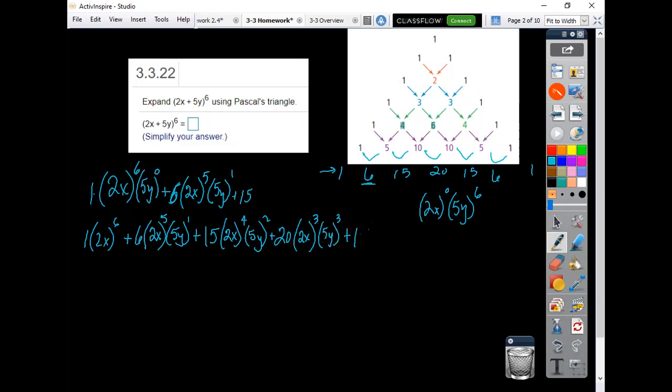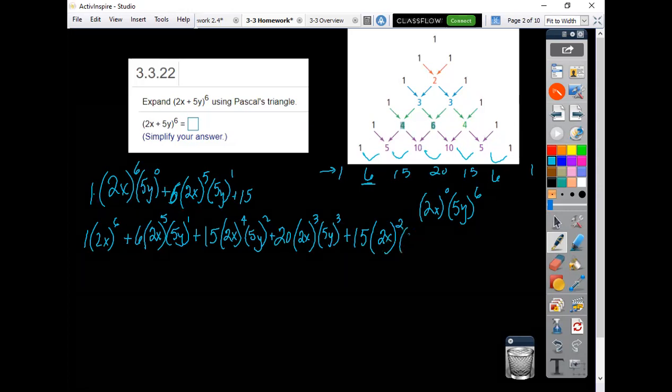Holy smokes. And then the 15, I would never ask you to do one this big on the exam. 15, 2x to the 2nd, 5y to the 4th. We're getting closer.